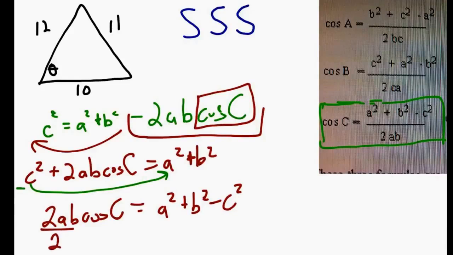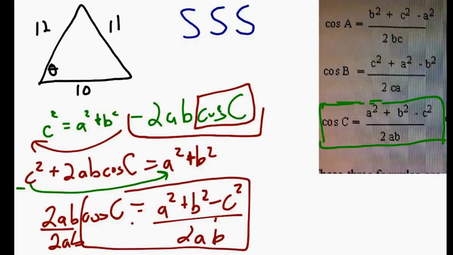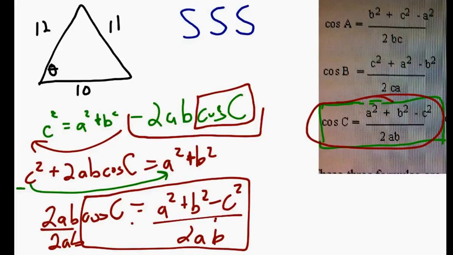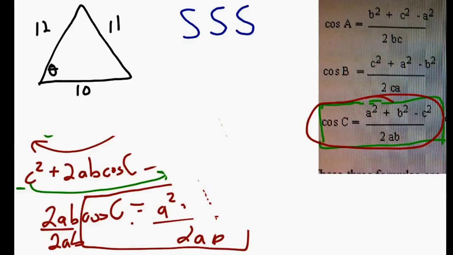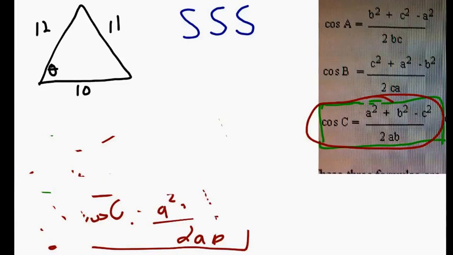So we just divide by 2ab, divide by 2ab, so now you see the formula is cos c equals a squared plus b squared minus c squared divided by 2ab, which is exactly what we have been given. So just like the last question, we can rearrange it for A, B, or C. That's why there are 3 different formulas shown here.